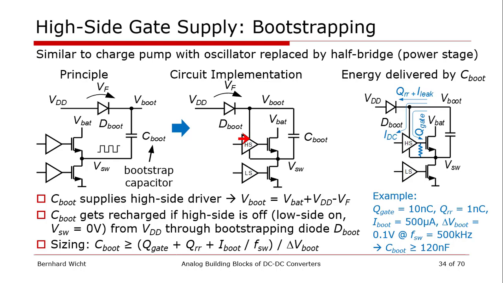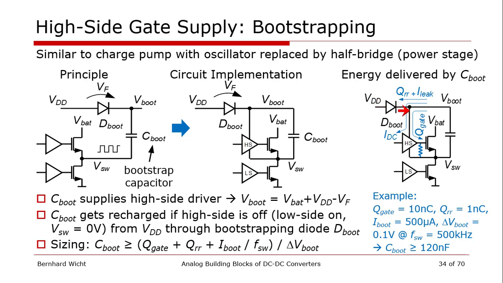And once we turn on the high side, our switching node approaches the battery level, and the diode here gets reversed, or blocking, so that our sole energy supply is the bootstrap capacitor. And that needs to be sized properly so that it delivers all the power that is required. And that mainly is the gate charge. In addition, we have some reverse recovery losses of that diode.